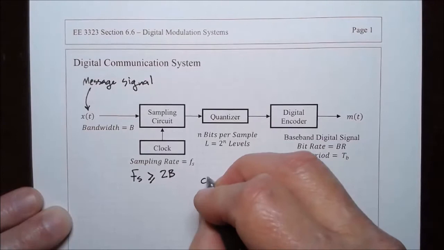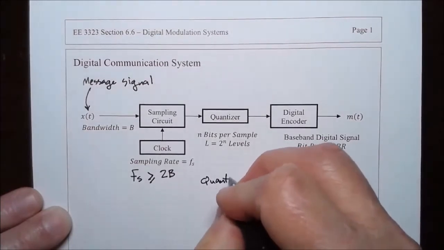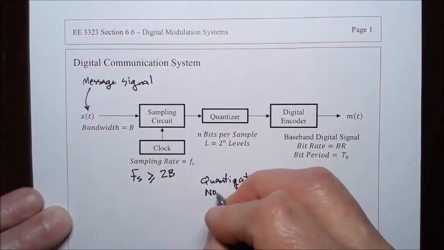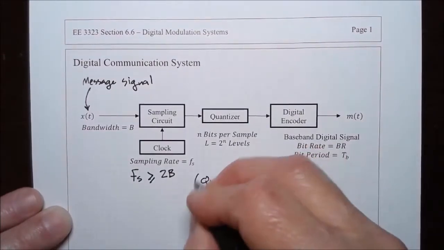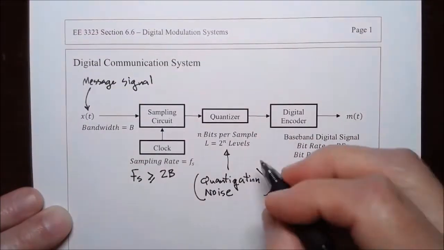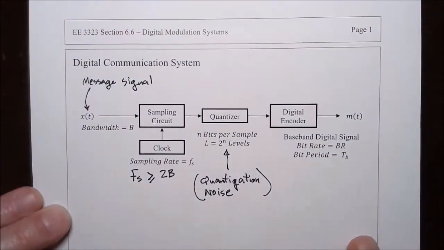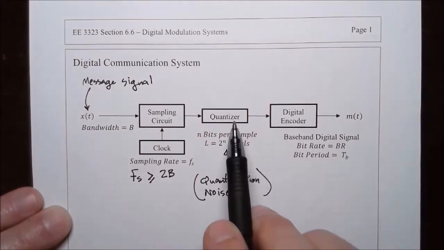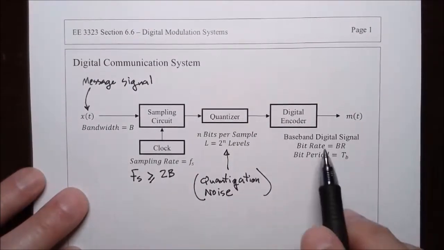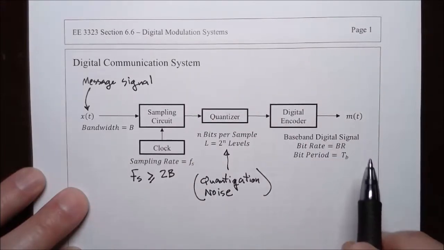This is where quantization noise is induced into the quantized signal. The quantized signal is then encoded as a digital signal, a binary signal.